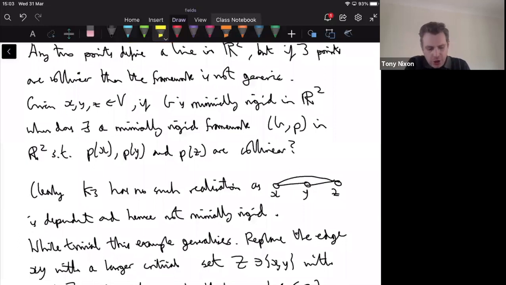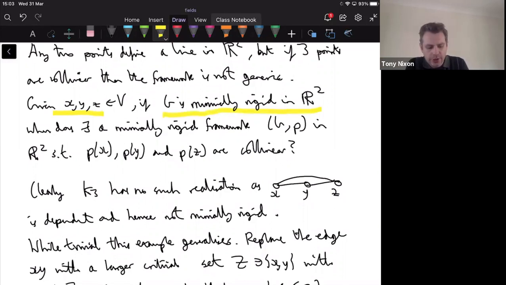We're going to take a graph G and pick 3 special vertices, X, Y, Z in the vertex set. I'm going to take a minimally rigid generic realization of the graph in R2. So I've picked a minimally rigid generic graph.